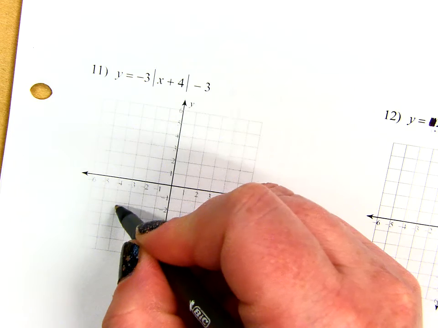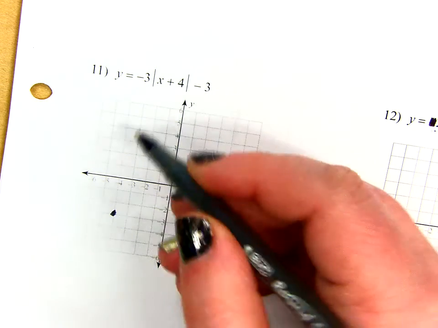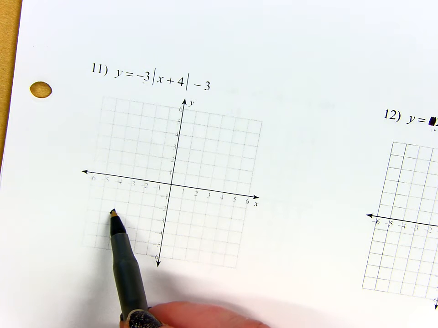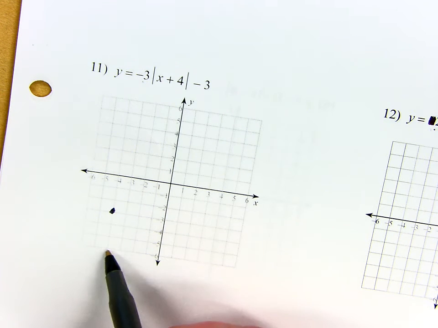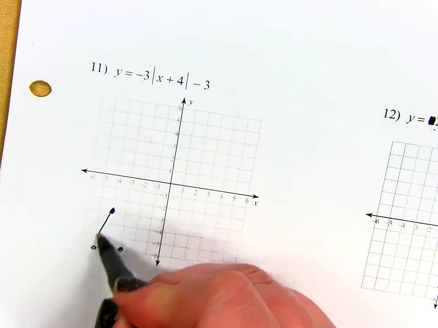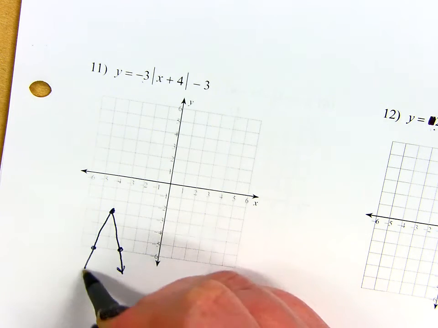You bet. -4, -3. And then, because A is -3, where do I go from here? You got it. Down 3 over 1, and I'll just mirror it on the other side. Sharp V. Done.